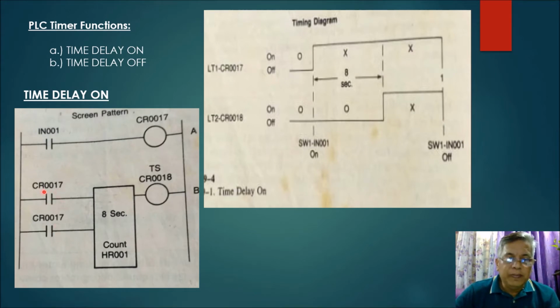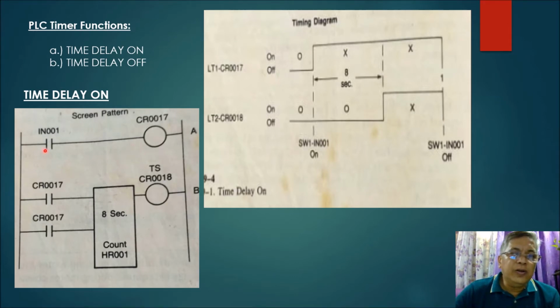There are two of them, this one here and this one, and you have here the timer, which is set at 8 seconds, and then we have here the final output, which is your CR018.